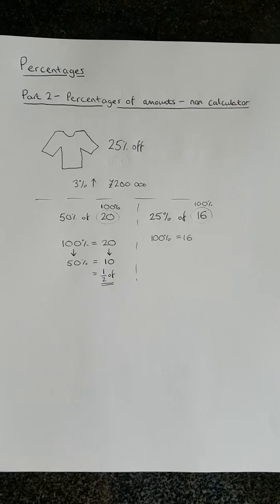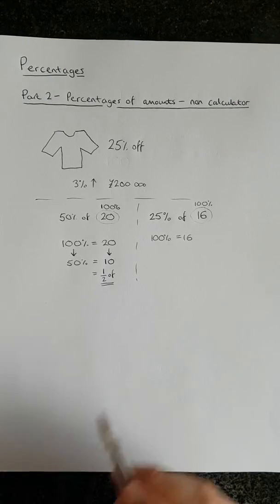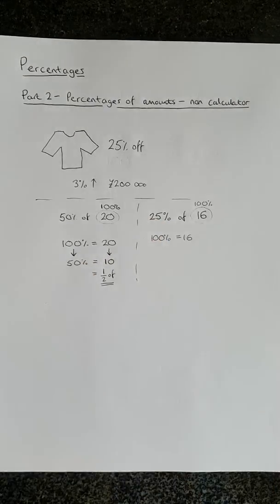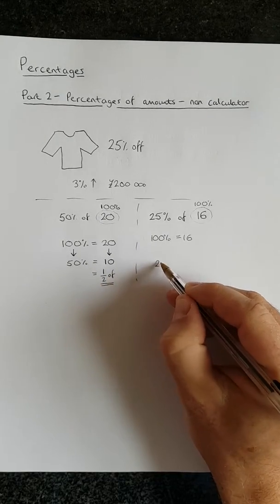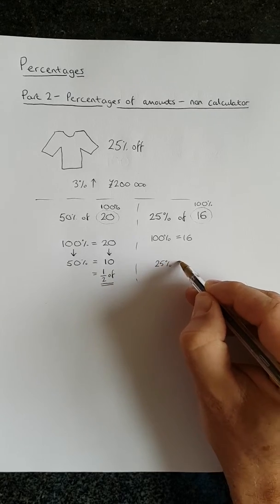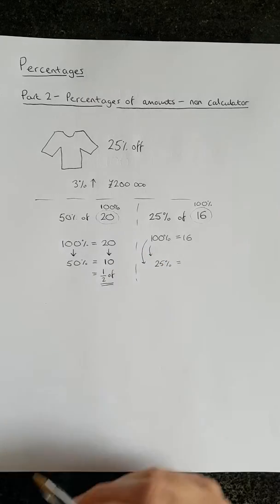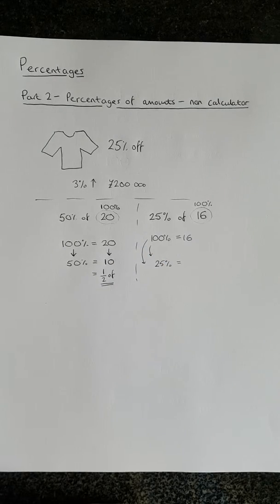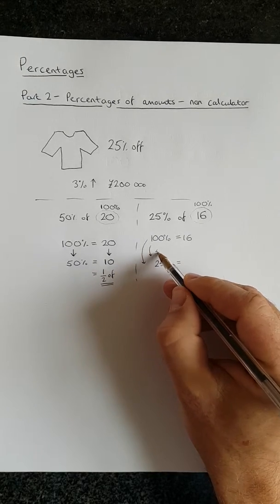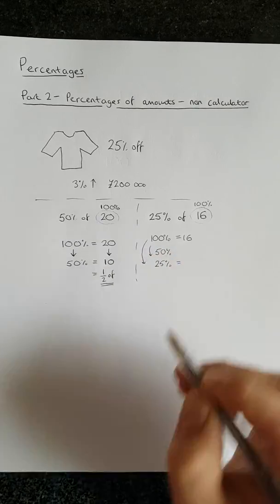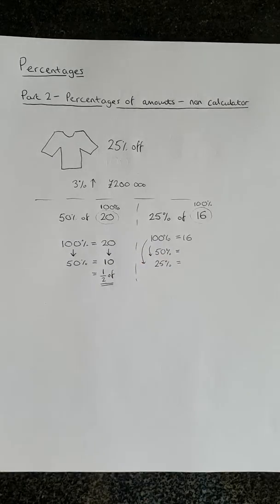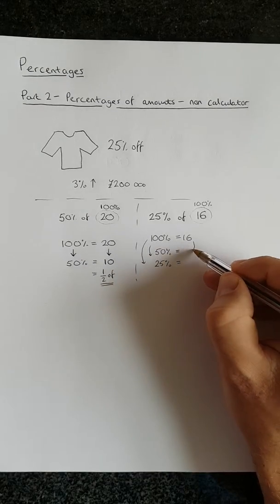Now, some of you will see that 25 goes into 100 straight away. Some of you will prefer to do it in stages. What could you work out first if you wanted to? That's right. You could work out 50 first if you wanted. It's completely up to you.